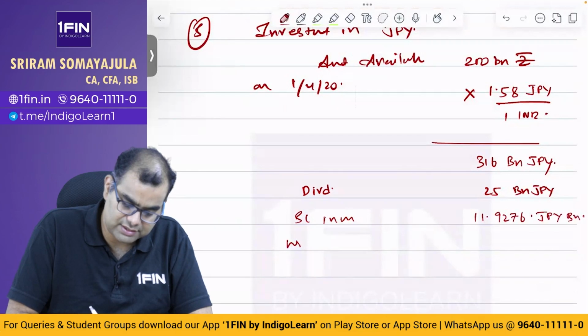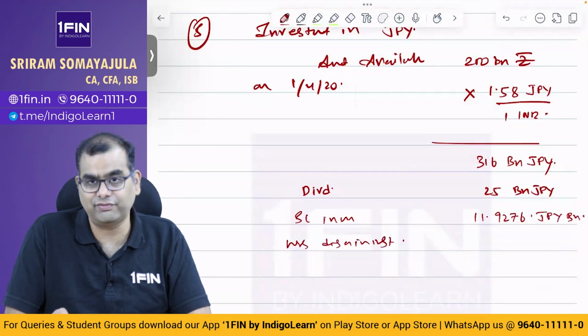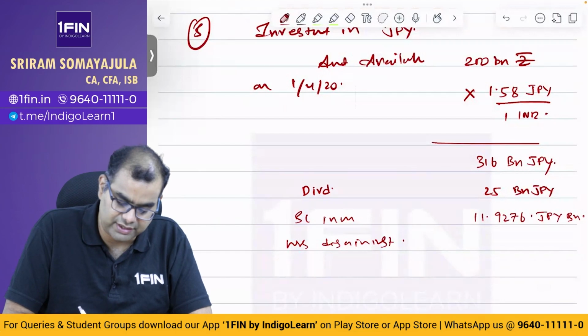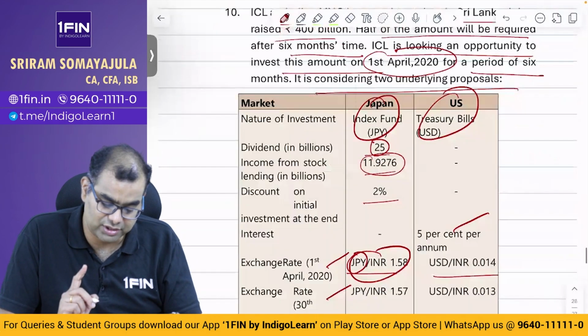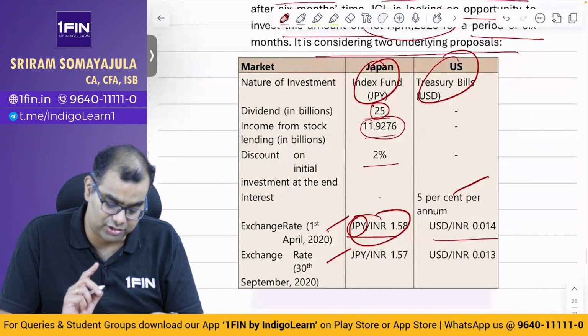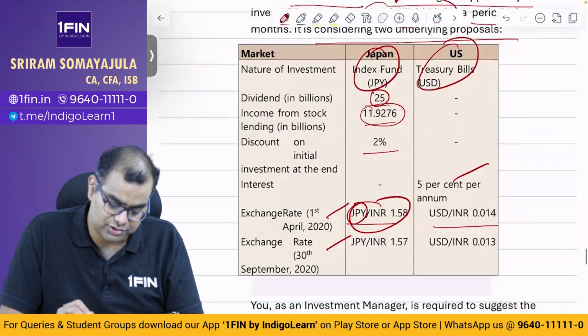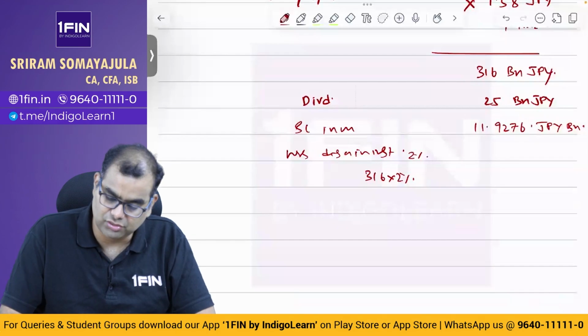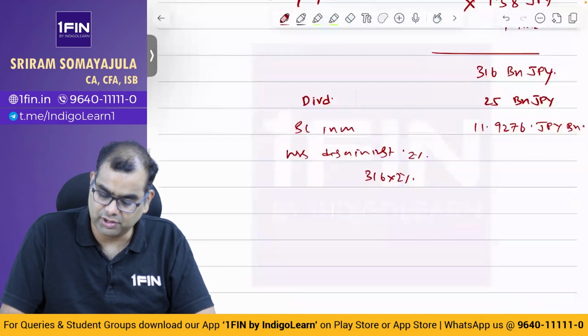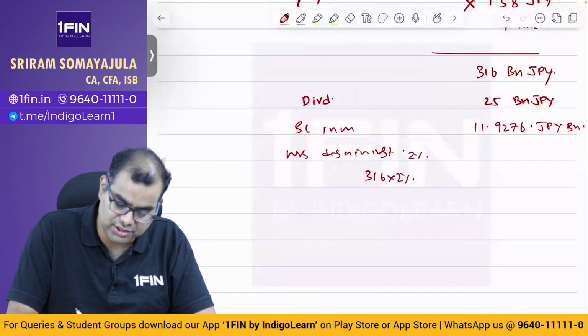Then less discount on initial investment. So when you sell it off, you don't get the same value. That is 316 into 2%. Please note, you have to compute the discount in JPY terms, not in rupee terms. Okay, 2%. So when they sell off, they are going to sell it off at a discount of 2%. So 316 into 0.02, you get 6.32.